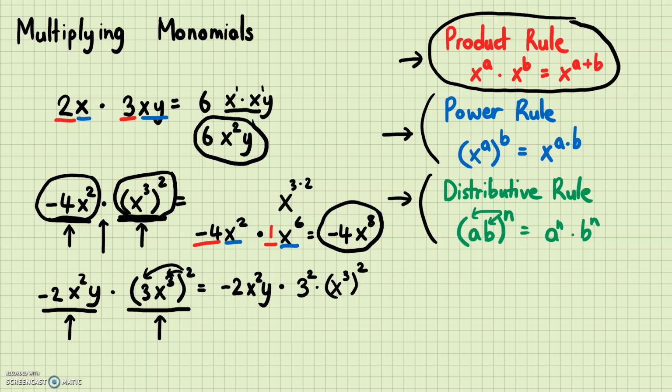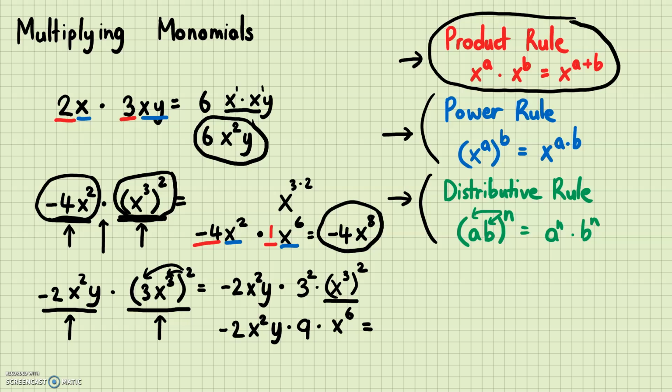And again, can you simplify any of these individual terms? We can simplify this part using the power rule. That is going to equal x to the 6th power. We are multiplying these two. And I guess we can also simplify this. 3 squared equals 9.